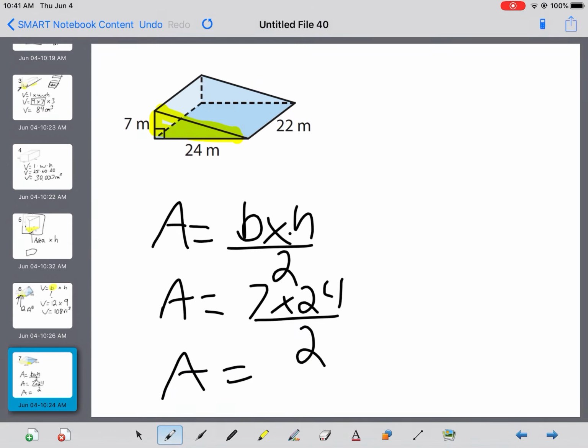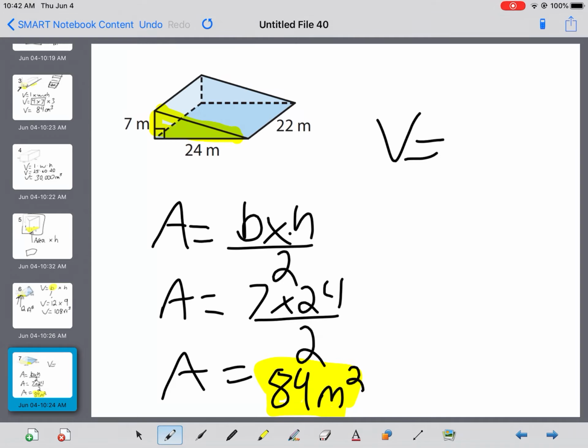I can use my calculator to do that quickly. 7 times 24 divided by 2. And I get 84 meters squared. So that's just the area of that one flat triangle. But now I'm picturing that triangle being stacked all the way up to 22 meters.